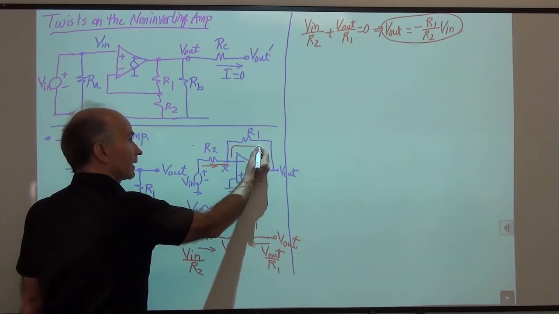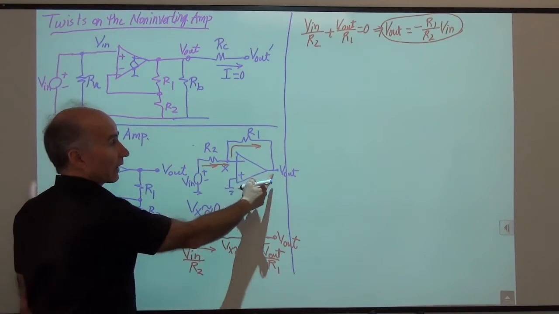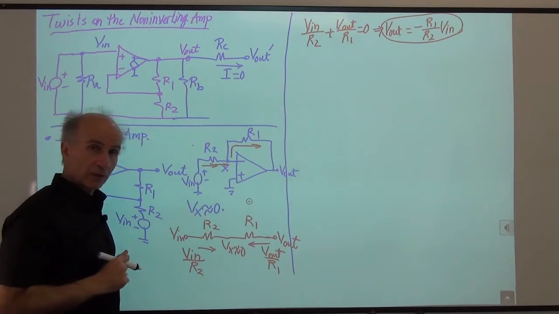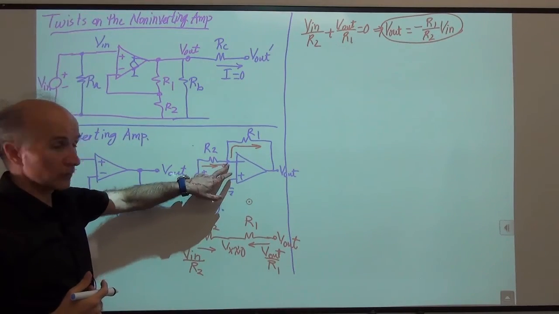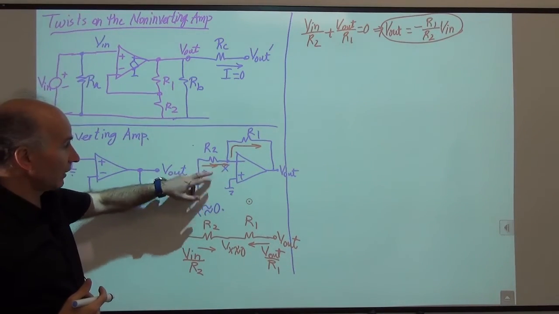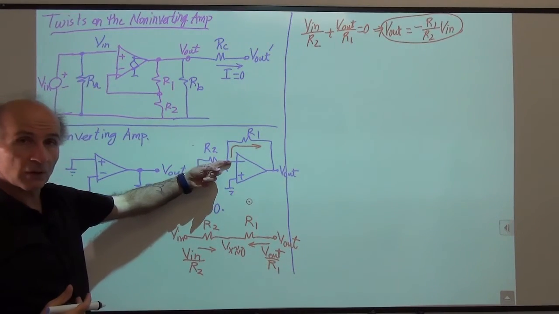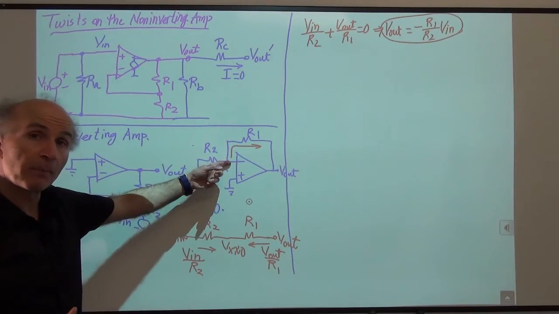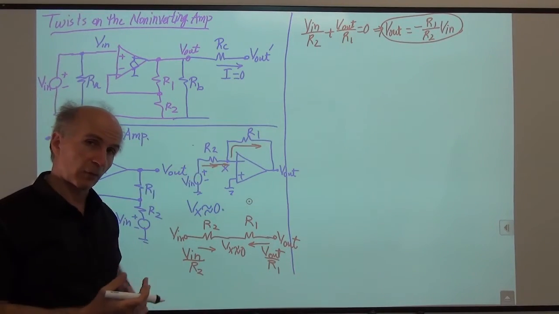The current goes through R1, comes to the output. And that's how we generate an output which is given by that equation. So it's helpful to think that because this voltage is close to 0, we have a current equal to V over R2 that comes into this node and then has nowhere to go but through R1, and then it makes it the output and it generates that voltage.